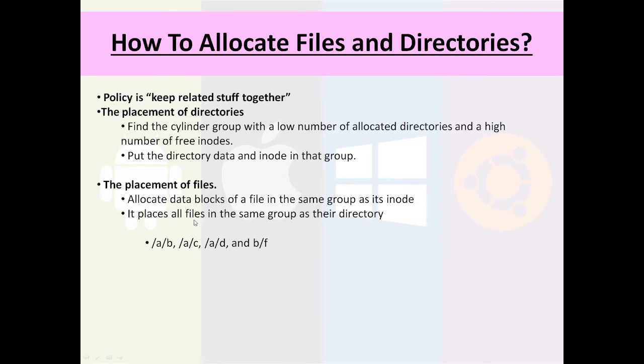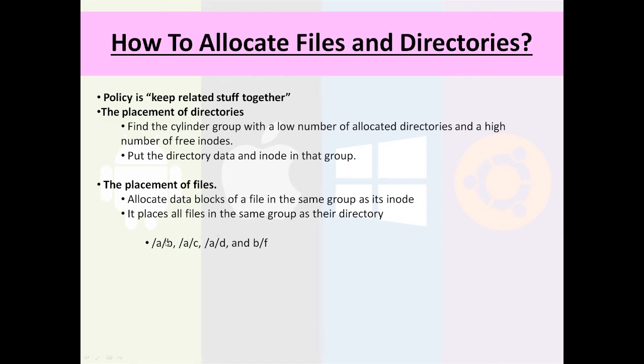The second condition is that it places all files that are in the same directory in the same cylinder group of that directory. So here's an example of a couple different files in a couple different directories. We have this file B in our directory A, as well as C and D. These are all three in the same directory.